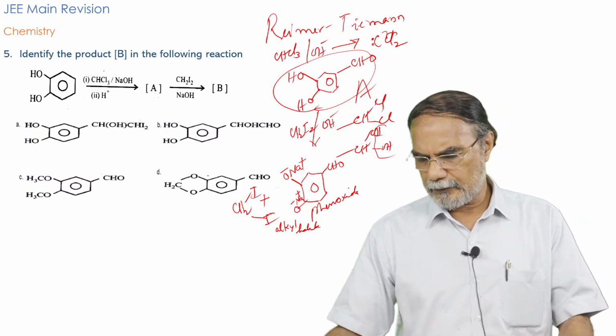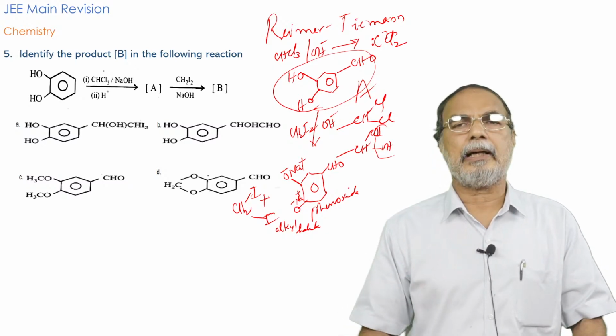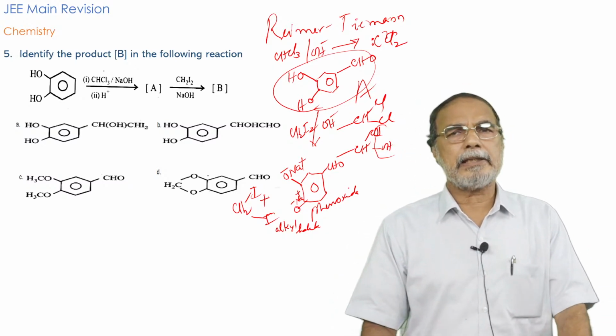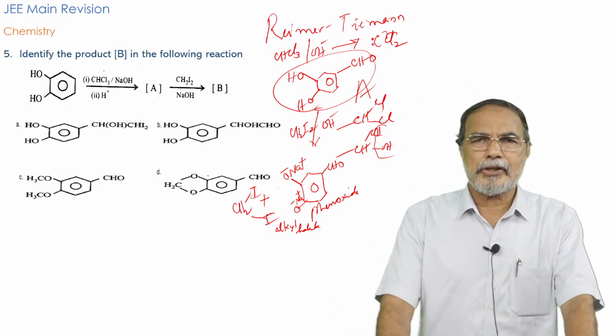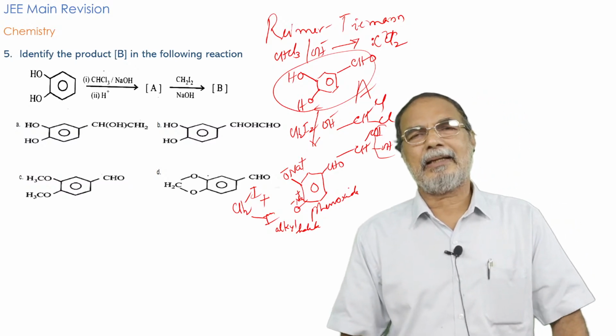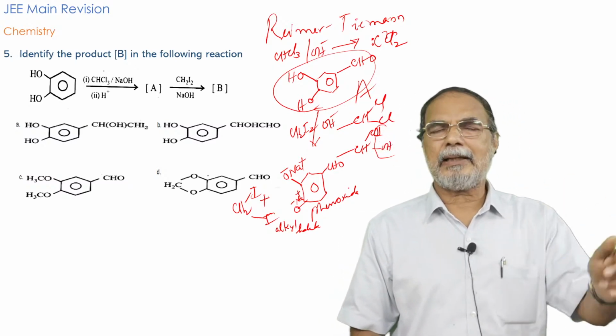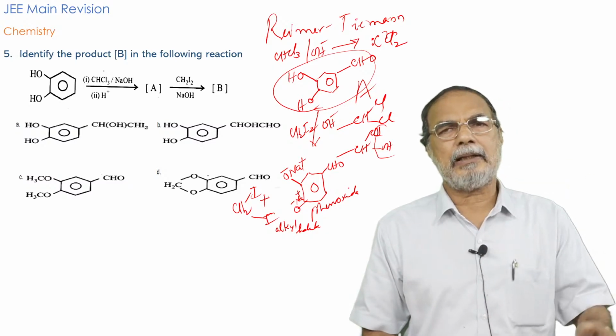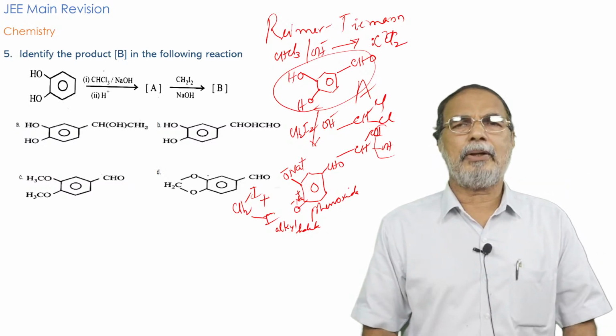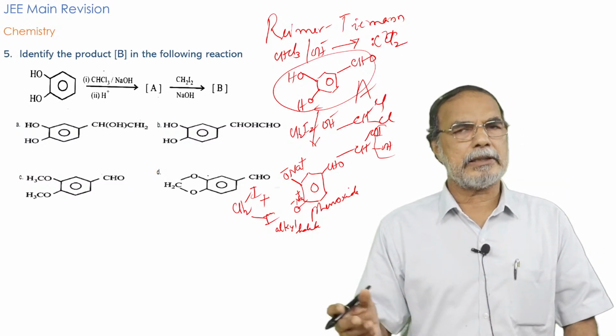That's the reaction: phenoxide with an alkyl halide, alkoxide with an alkyl halide. Which reaction is that? You are reminded of the Williamson synthesis.